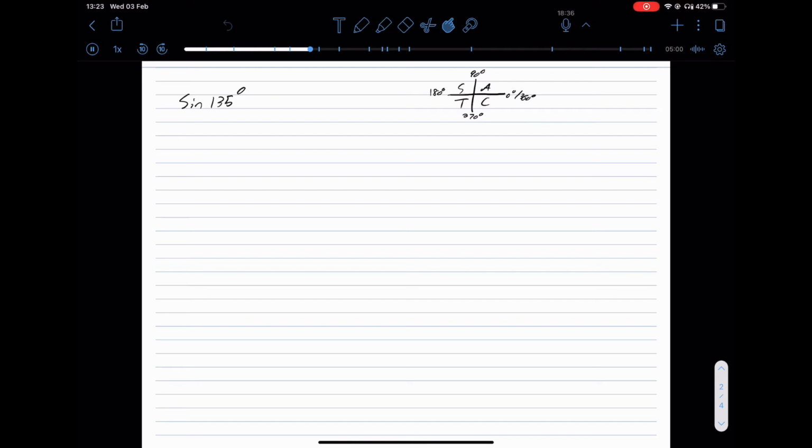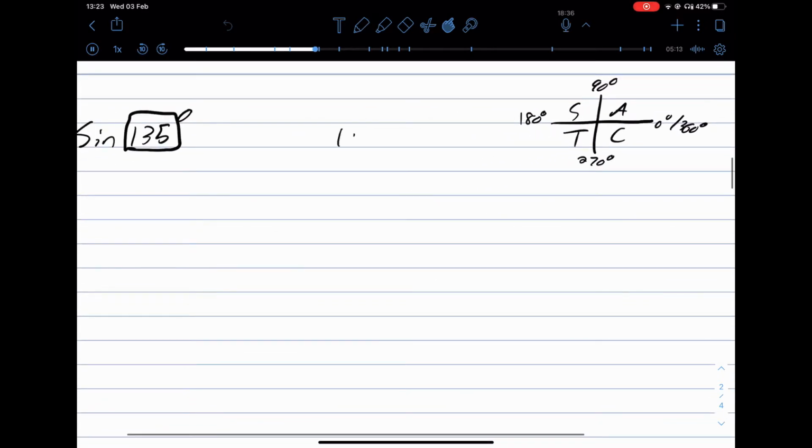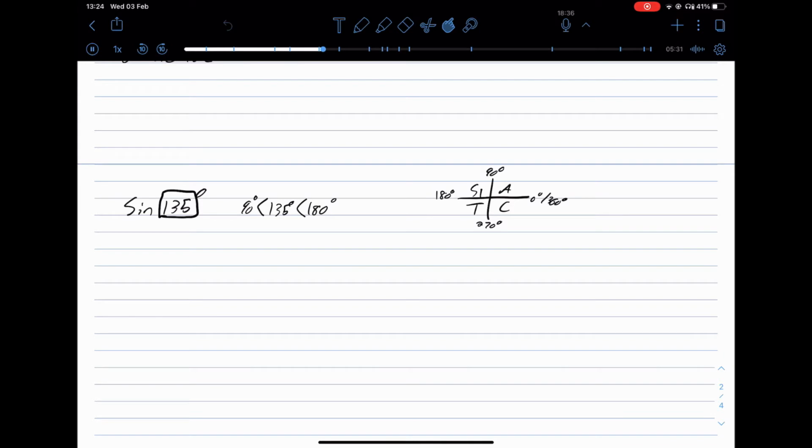And we decide which quadrant 135 degrees will be in. Okay, so I can see that this is definitely less than 180, and it's definitely more than 90. So from here, we know that it's going to be in our second quadrant, over here, the sine quadrant. So what reduction do we use?